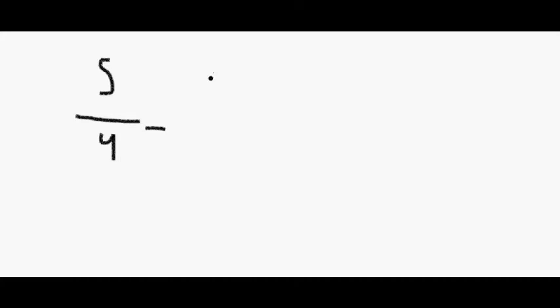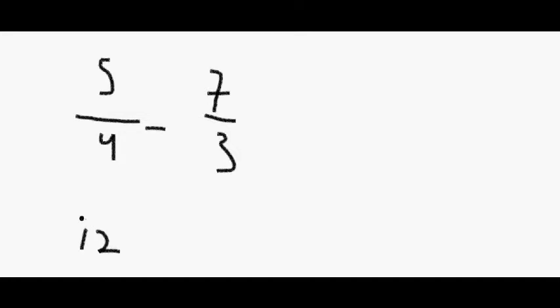And then problem 29 is, well, let's do problem 28. That may get you a little stuck. So we have 5 over 4 minus 7 over 3.